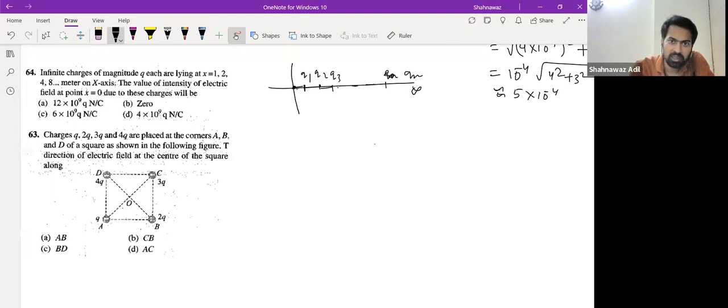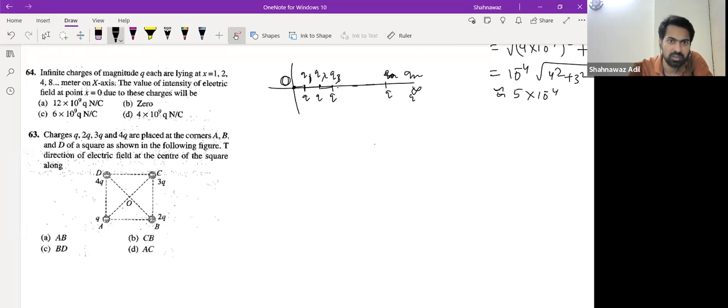And at the origin, they want us to calculate the electric field. So infinite charges of magnitude q each. So this is q, this is q, this is q. The magnitude of charges is the same.